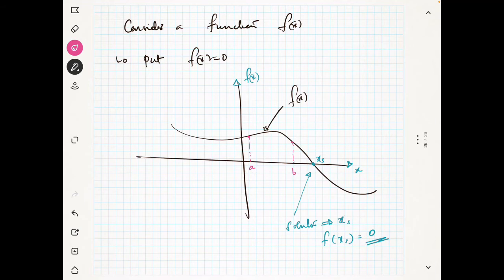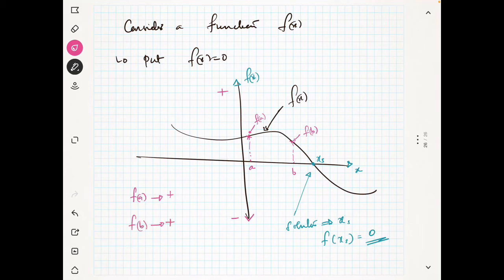Now what is f of A? You see here, this point is nothing but f of A, and this point is nothing but f of B. And you can see here that these are positive and this is negative. It is clear that f of A is positive and f of B is also positive.